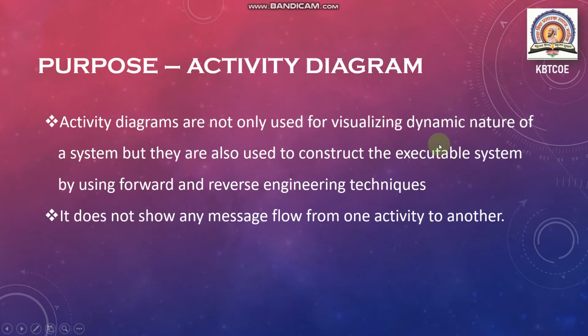It does not show any message flow from one activity to another. This is one of the most important points that we must consider, that it doesn't show any message while transitioning from one activity to another.